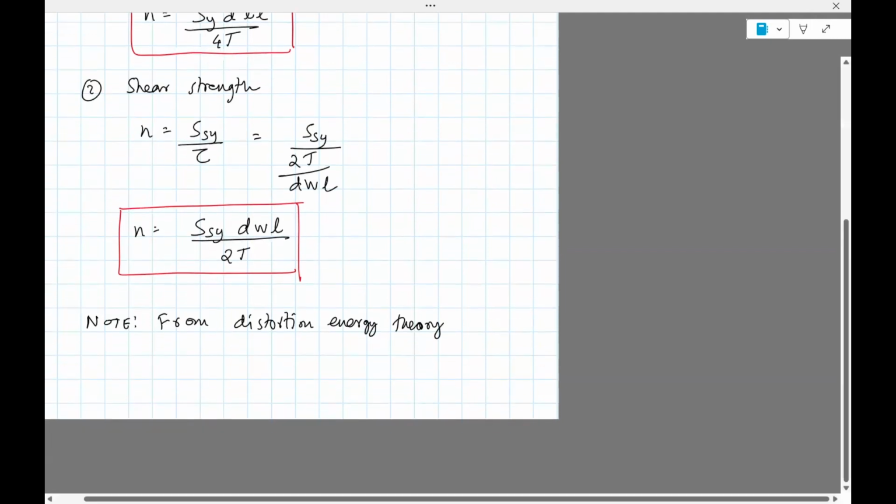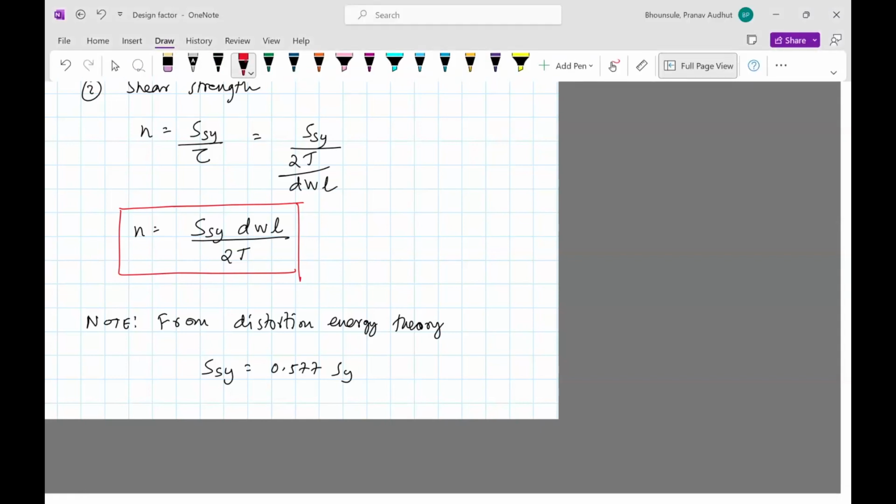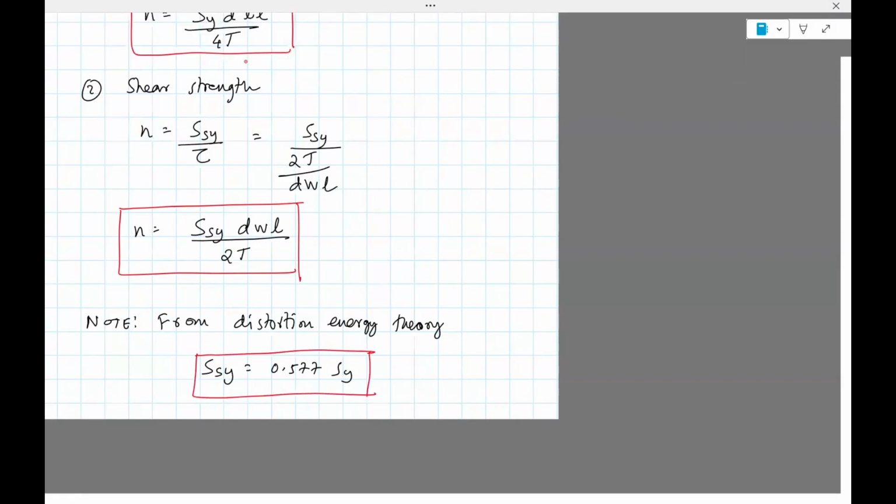We had computed a relation between Ssy and Sy. It's 0.577 Sy. So we can use this. We don't need Ssy. We can compute it from Sy. Okay, so let's do one problem, and that would be it. It'll be the end of this chapter on shafts.